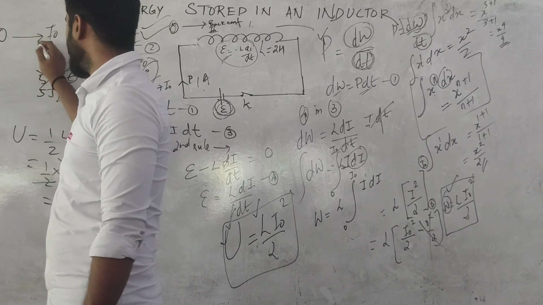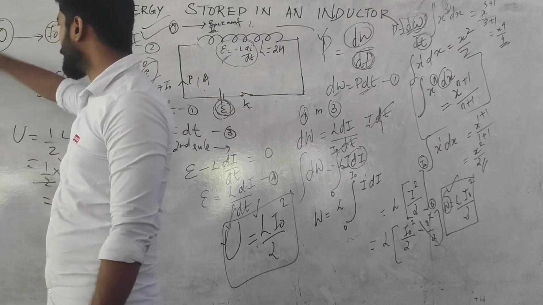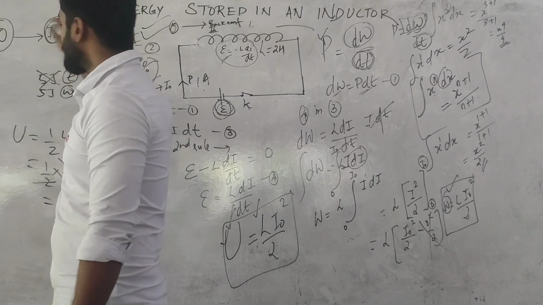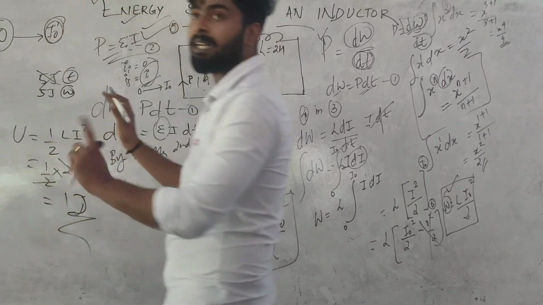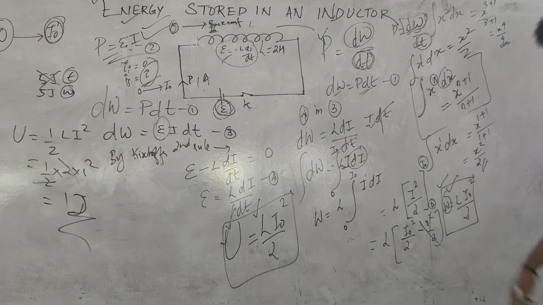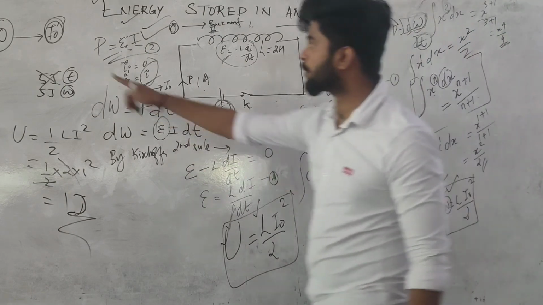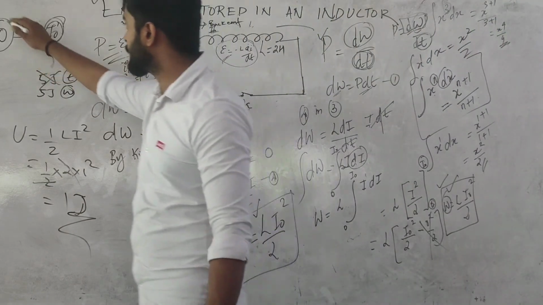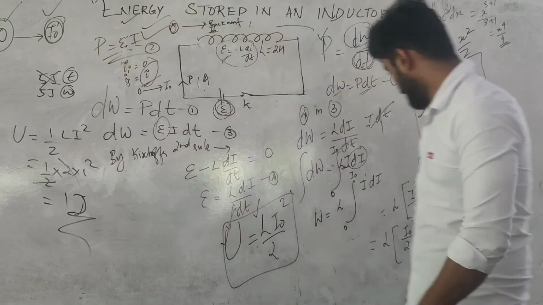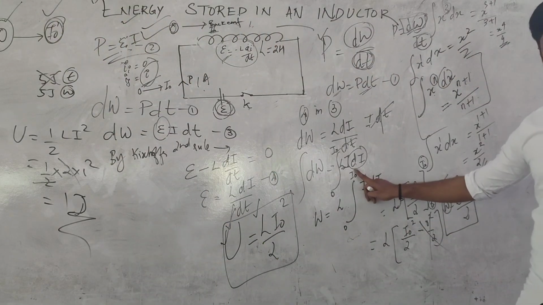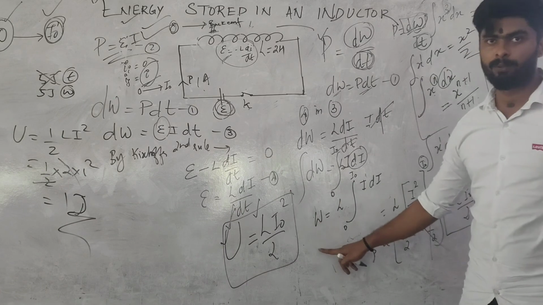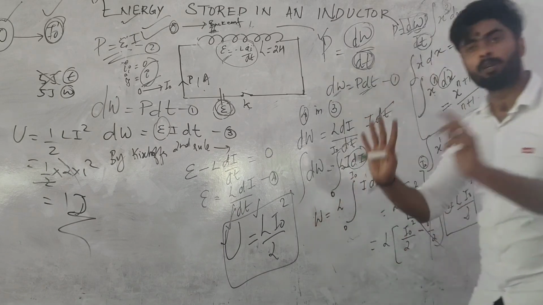The upper limit becomes I0. Since you have to put limits in the integral, you have to know the change in current, which is 0 to I0. What is the integral of dW? It is W. When you integrate small work, you get the total work.